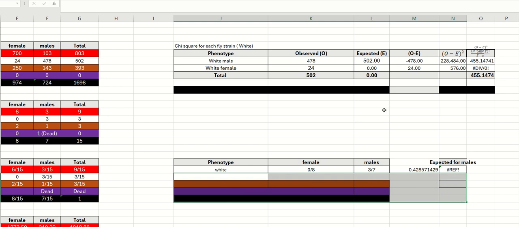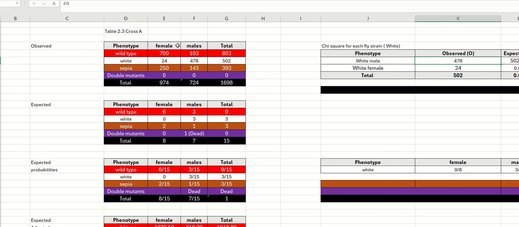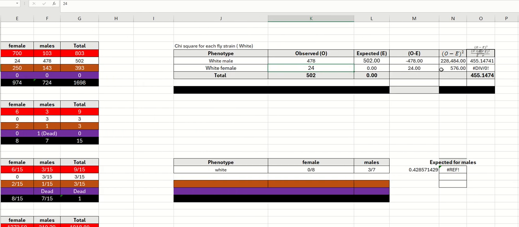First, with the white and males and females, it's pretty easy. Here, observe: 478, 24. Here are the two values for 178, 24. Expected is pretty easy to calculate.